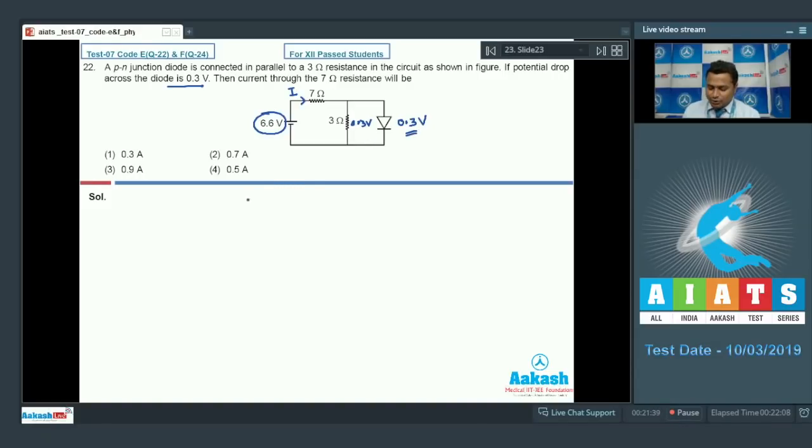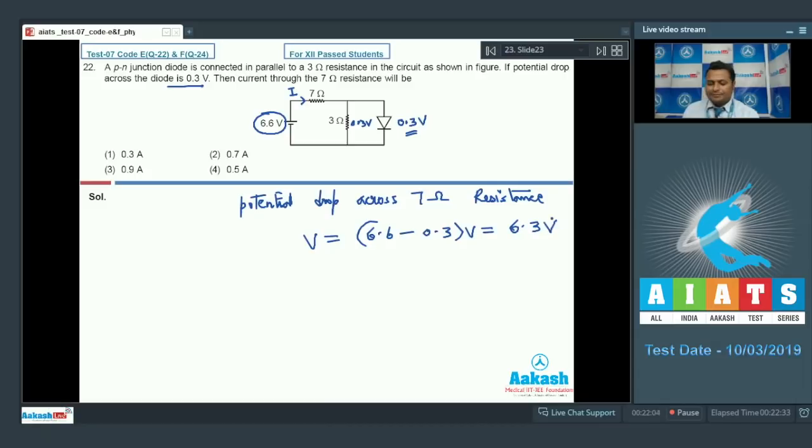So the potential drop left across the 7 ohm resistance will be V equals 6.6 minus 0.3 volt, that is 6.3 volt. The resistance given is 7 ohm. Therefore, the current across the 7 ohm resistor will be voltage 6.3 upon resistance, which comes to 0.9 ampere.